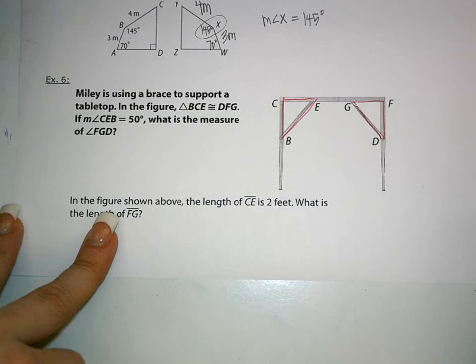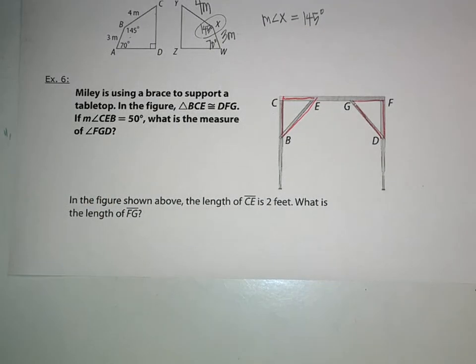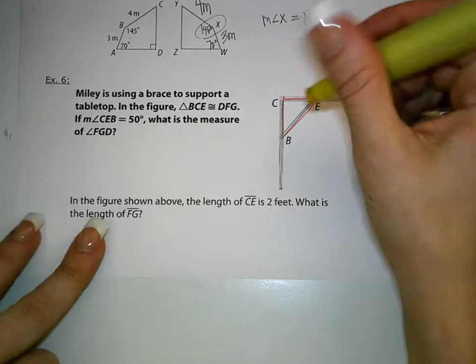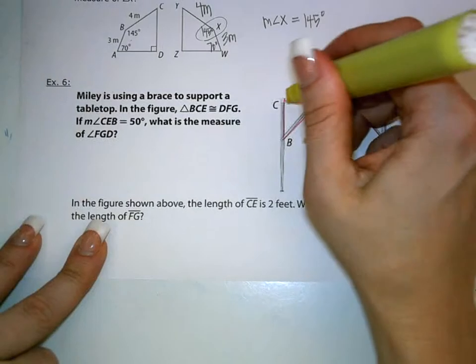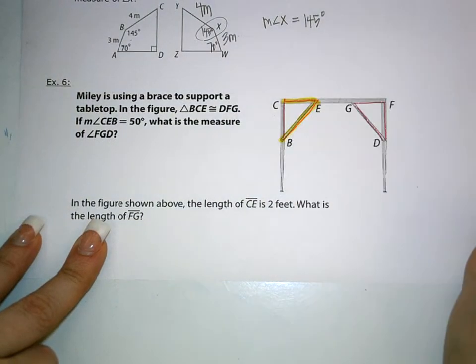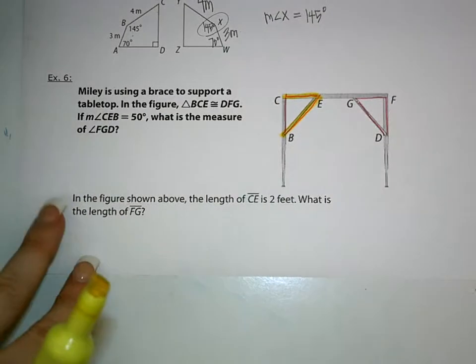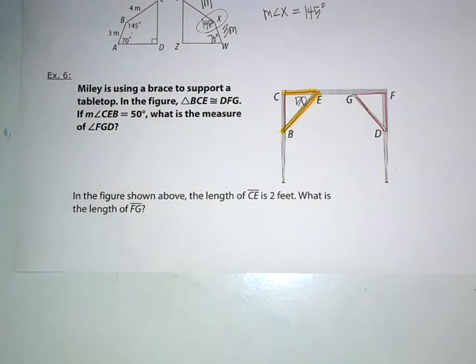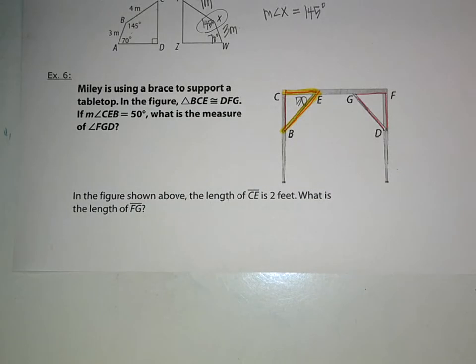If the measure of angle CEB, so if you draw this, go in the middle, CEB is 50. So right inside there is 50. What is the measure of FGD?